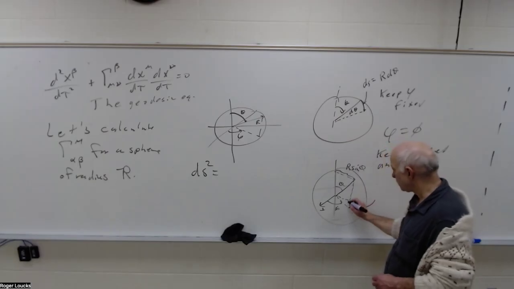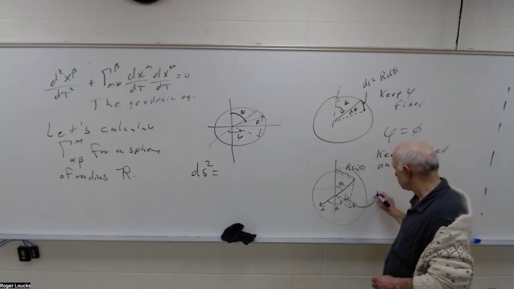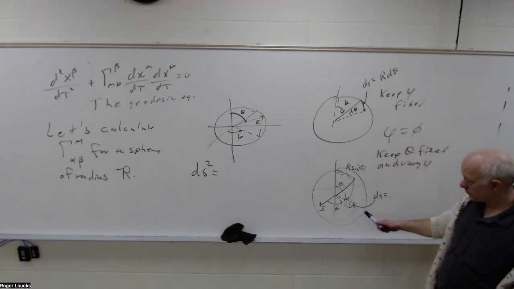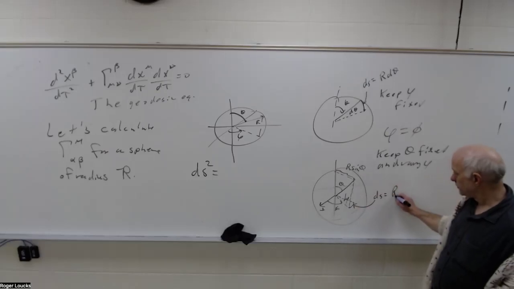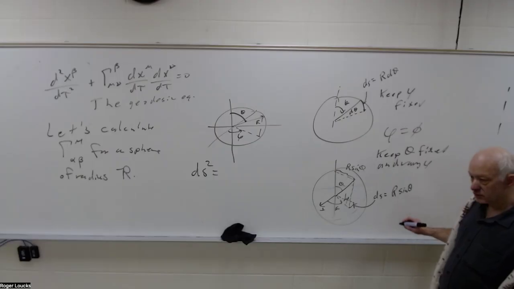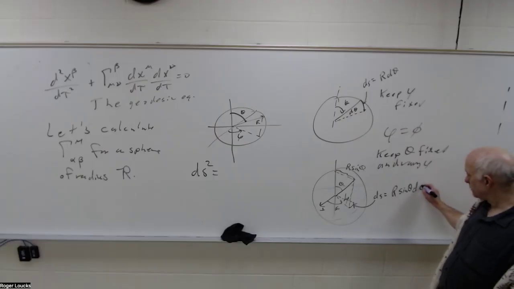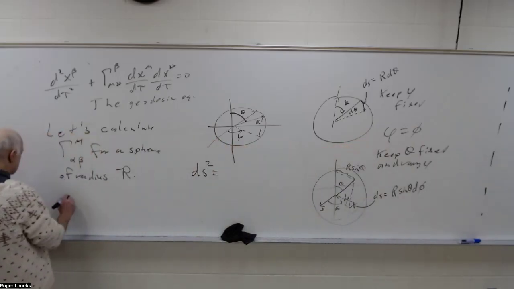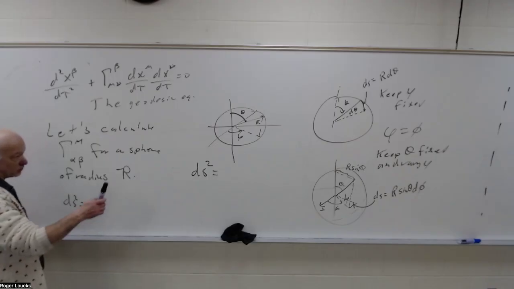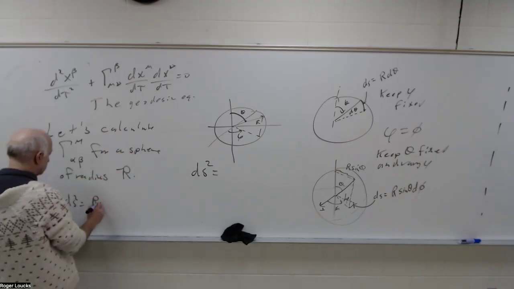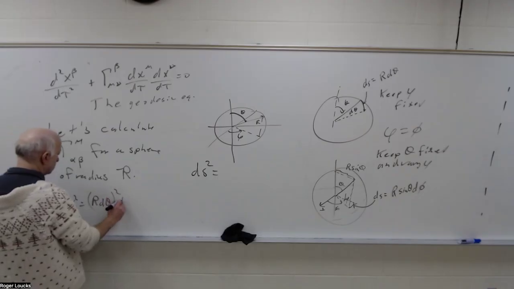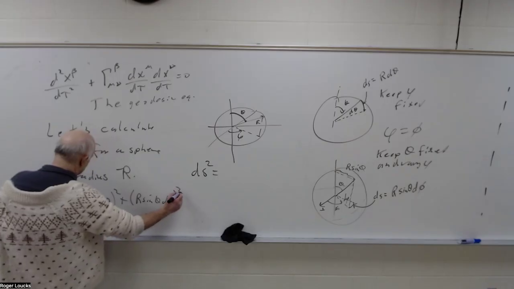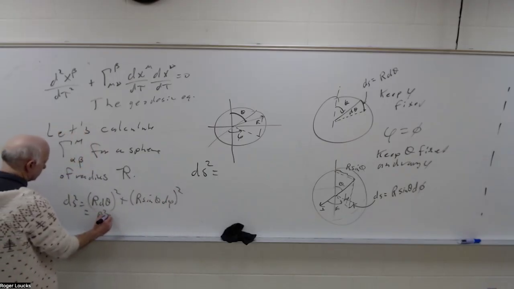So the radius is r sin theta, so it's r sin theta d phi. So ds squared is going to be what? It's going to be that squared plus that squared. So I get this.